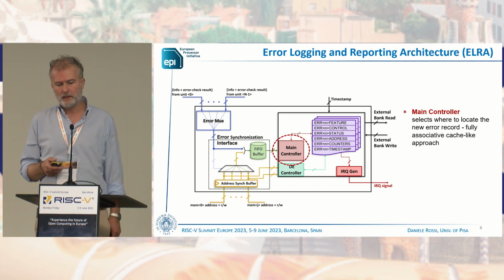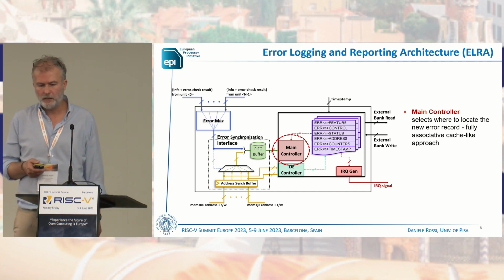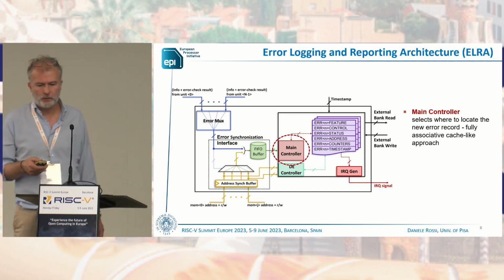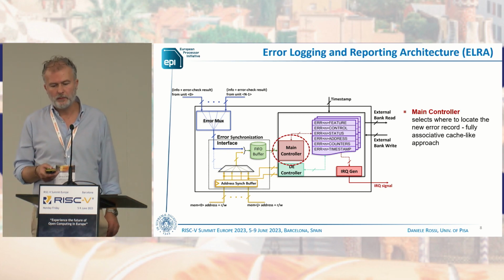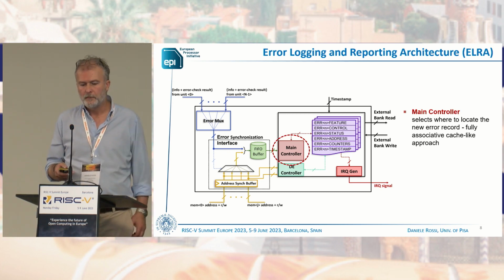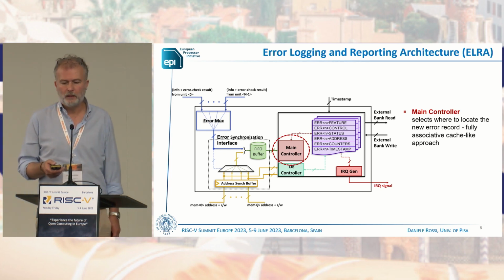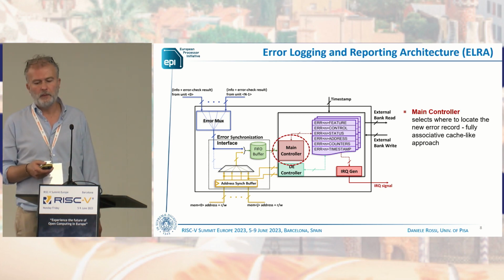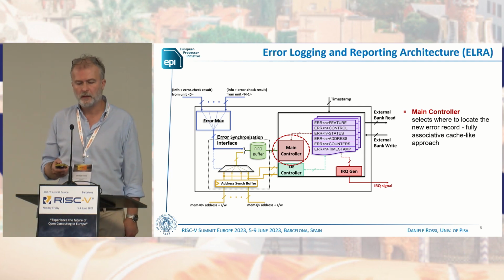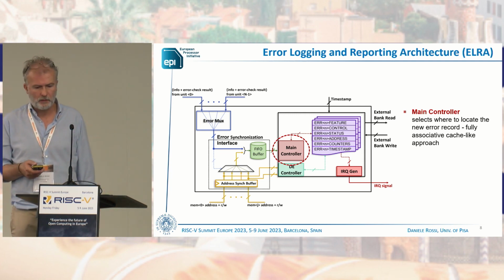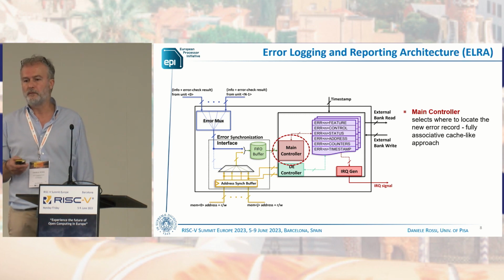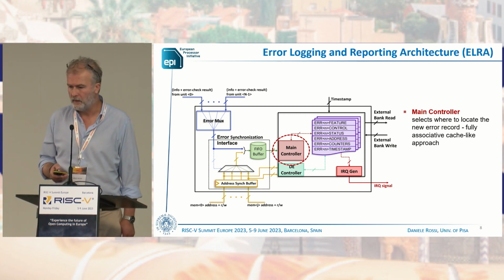And this is the task performed by this main controller, which selects where to record this error message together with the address. In this case, we have assumed that it behaves like a fully associative cache memory, so it selects basically the first location that it finds available.